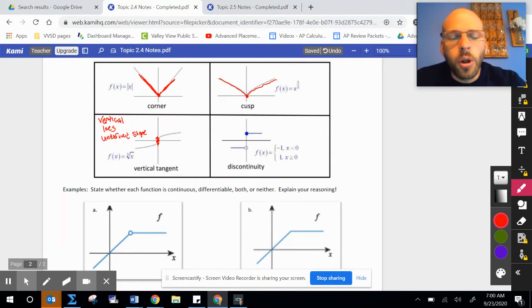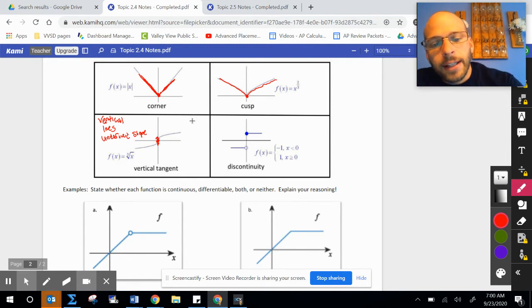Okay? So if your slope is undefined, and your derivative finds slope, essentially you're just saying that your derivative is undefined or your derivative does not exist, right? So if you have a vertical line with an undefined slope, you're saying that the derivative at that point is also undefined. It would be a point that's not differentiable, okay?